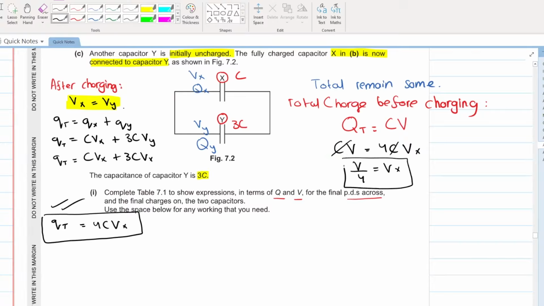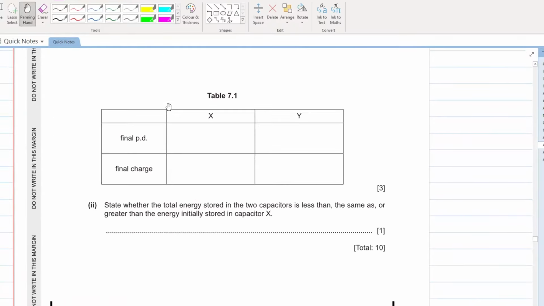So your final voltage will be V over 4 for Vx and V over 4 for Vy as well, because the charging stops when both voltages are equal to one another. So you have unknowingly scored 2 marks here out of 3. You will say V over 4 here and V over 4 here.